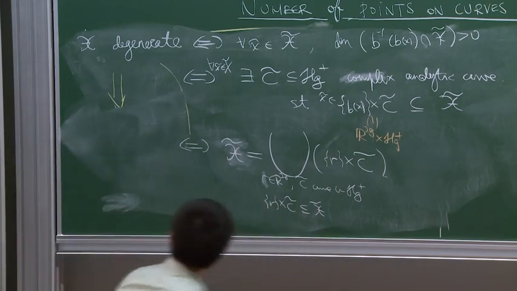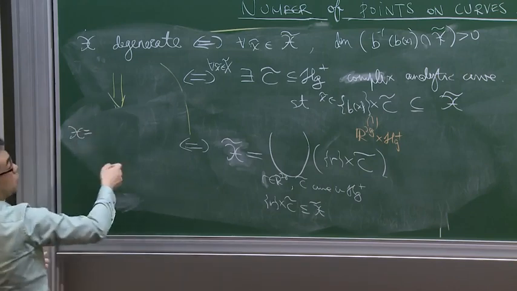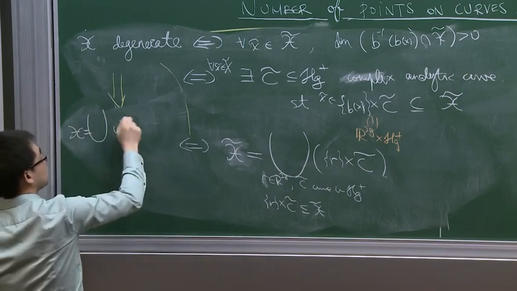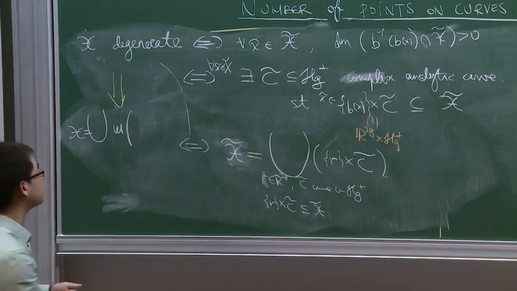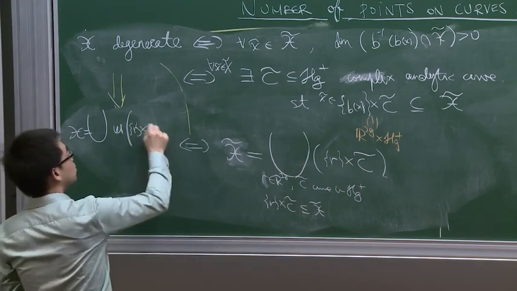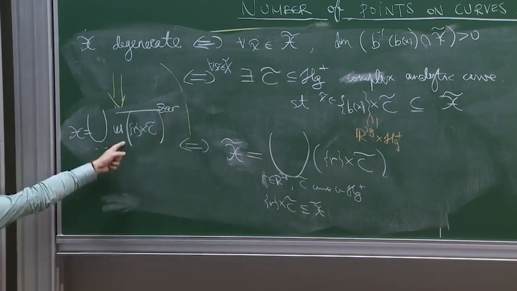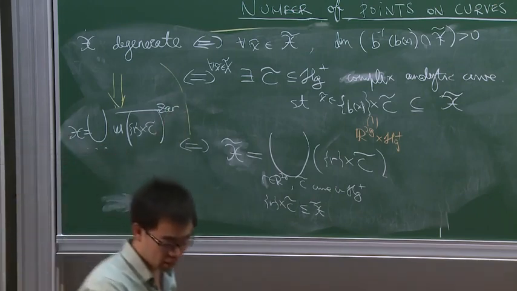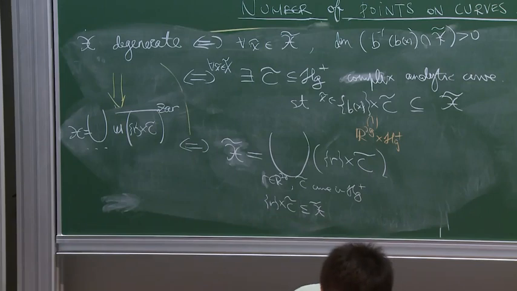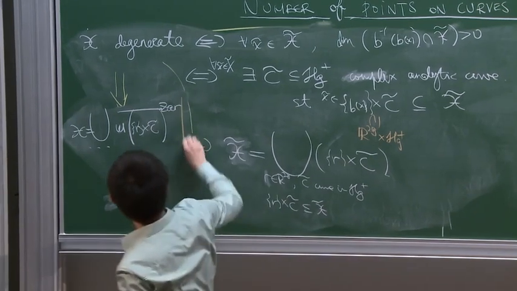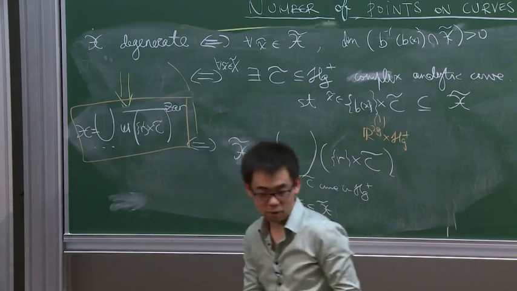Right. So X, now when we pass to the universal abelian variety, because X is algebraic, I can take its Zariski closure. So if X is degenerate, then it is this ad hoc union.